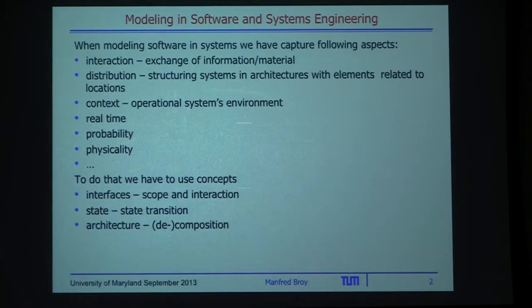And we do that by a scheme we have developed over the years. We believe that when we want to model systems, we have three main concepts we look at, which are interfaces, state, and architecture. And I will take a very radical point of view. I say, this is all you need.